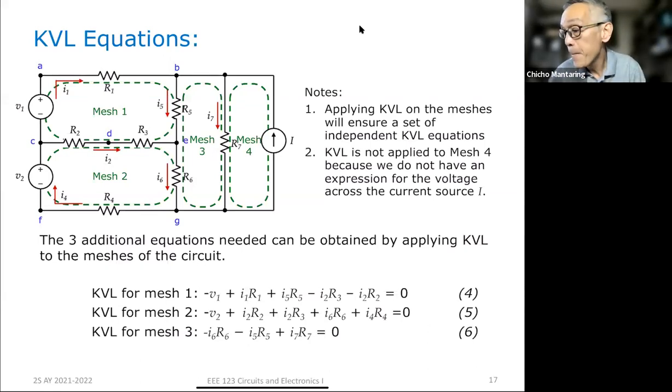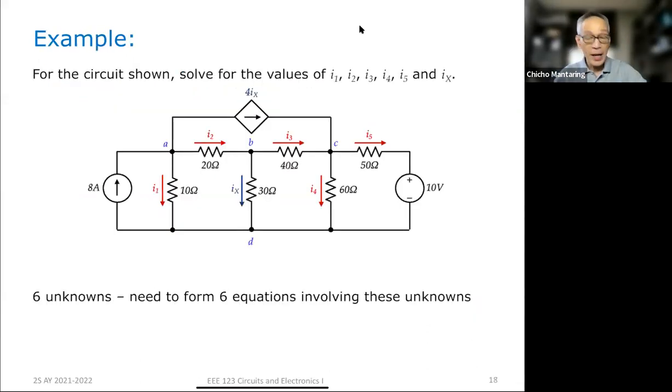Okay. So let's take an example. For the circuit shown, solve for the values of I1, I2, I3, I4, I5, and I6. So I have 6 unknowns. I need to form 6 equations involving these unknowns.